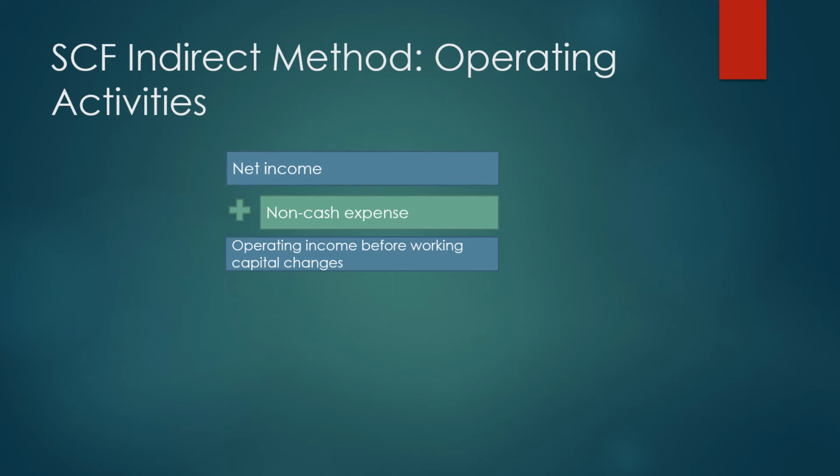Again, working capital is the difference between your current assets minus your current liability. So, add the decrease in current assets other than cash. What are the current assets other than cash? Accounts receivable, inventory, prepaid expense. So, if there is a decrease in accounts receivable, decrease in inventory, decrease in prepaid expense, then you have to add it.